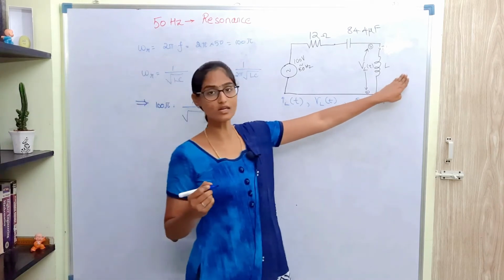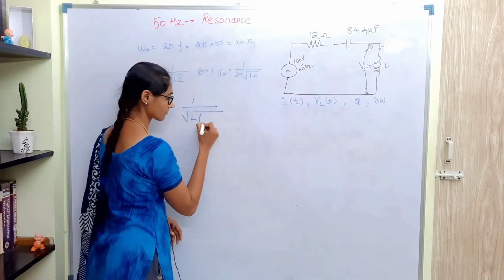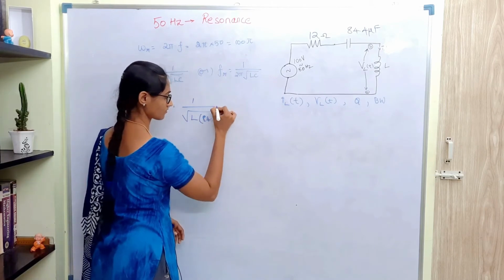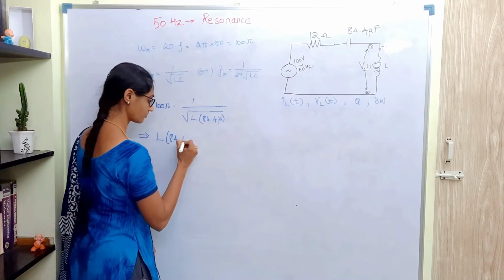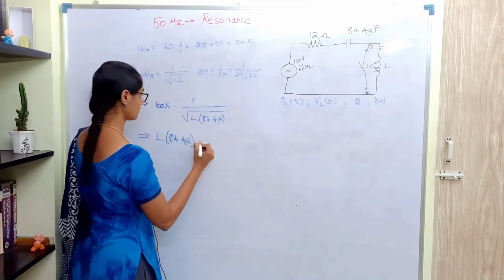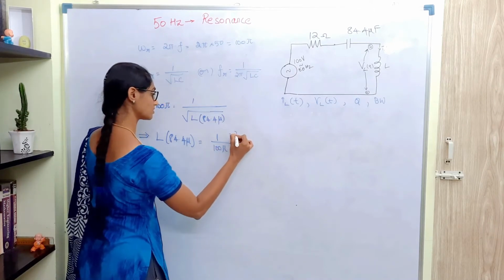We don't know the value of L. We know the value of the capacitance. It is 84.4 microfarad. So this implies that L into 84.4 microfarad will be 1 by 100 pi whole square.